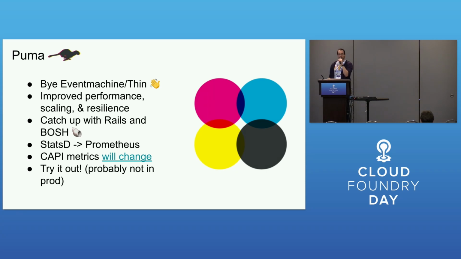Right now, the component metrics are designed for running an Event Machine and Thin server and are not well optimized for how Puma works. So there will be a new round of metrics to better support operating Cloud Controller as a Puma server. This is available right now in CAPI release. It's definitely in early stages, so I'd encourage you to try it out. Probably don't try it out in production unless you're feeling very adventurous.